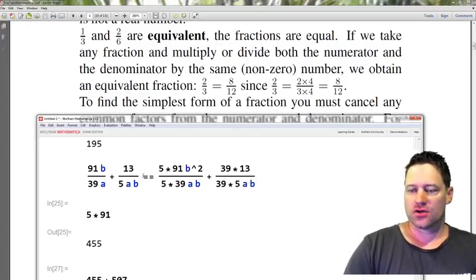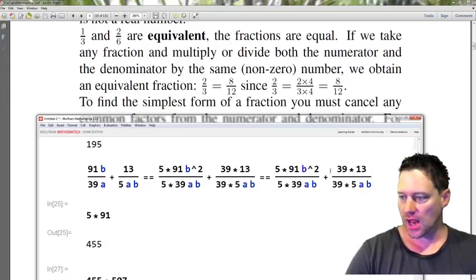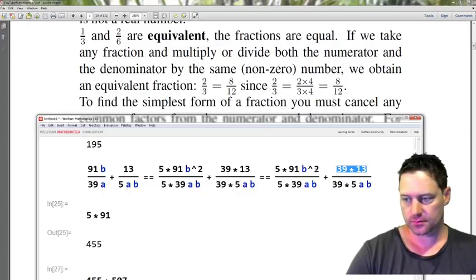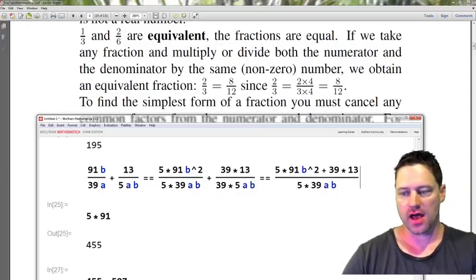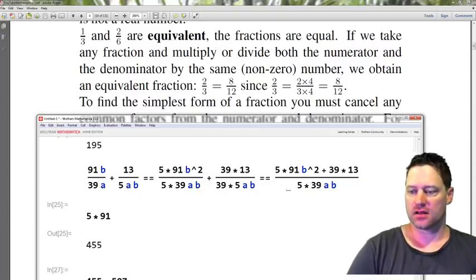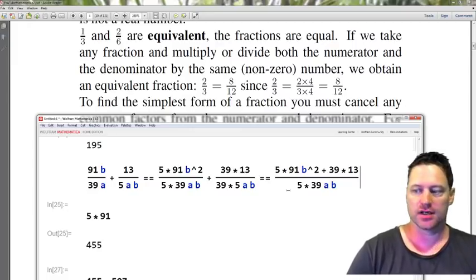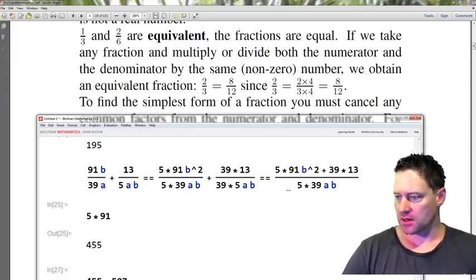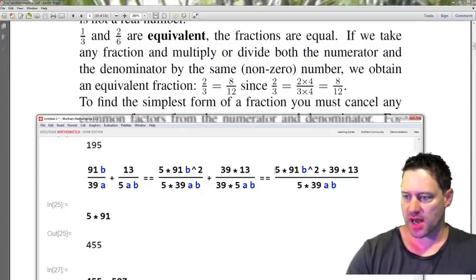Okay. So what I can do next is simply add the numerators. Get rid of that. Okay. Now I've added the numerators, and I have an expression. The expression has yet to be simplified. Okay. So what we can do is just get some help with Mathematica.